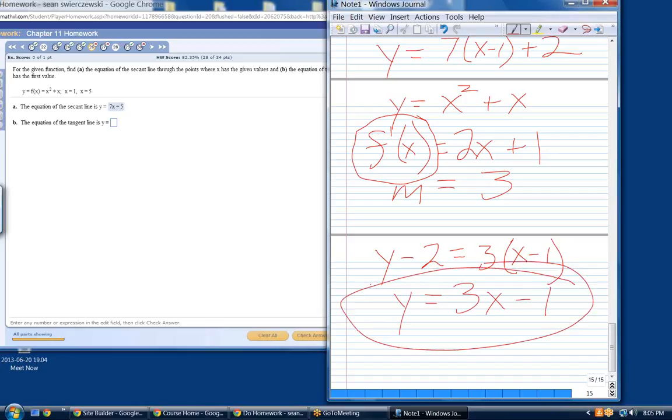There's the equation of the tangent line. And that's the process you want to use. This is almost the quintessential question in differential calculus, is to be able to come up with the equation of the tangent line of a function at a particular point. And that's what we did.